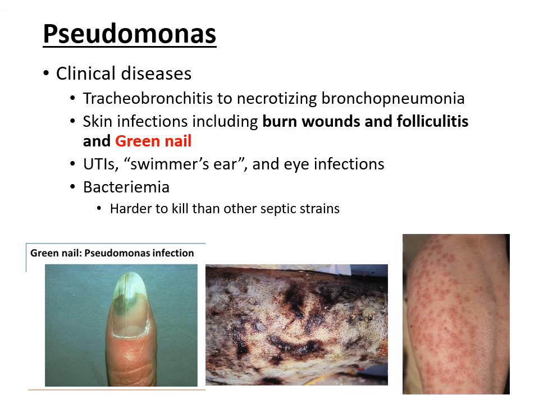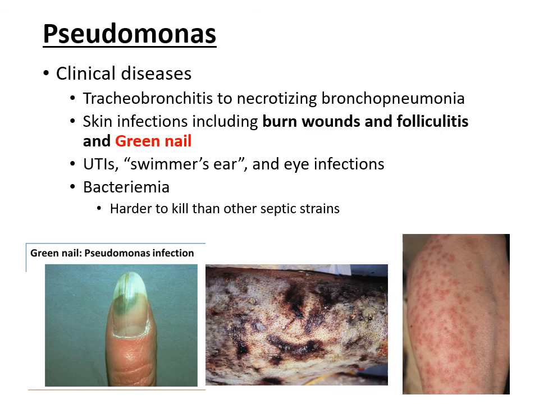And it doesn't just happen at nail salons, but even pools and hot tubs, you can get Pseudomonas, and sometimes it'll cause green nail. Other times it could cause things like UTIs, swimmer's ears, or any kind of eye infections. And for eye infections, think of the term conjunctivitis. That's how we usually hear them.